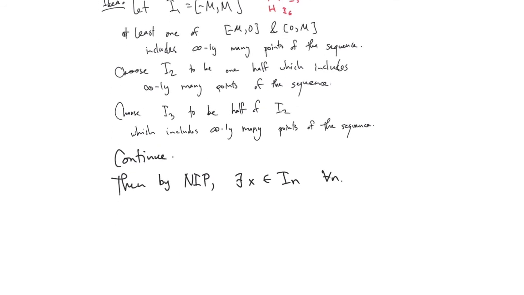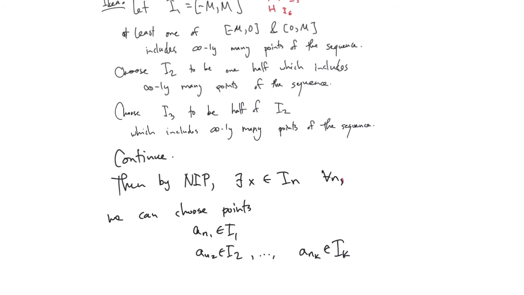So there exists x in I_n for all n, and we can choose points. Choose points a_1 in I1, a_2 in I2, etc. In general, just choose some point a_k in I_k.